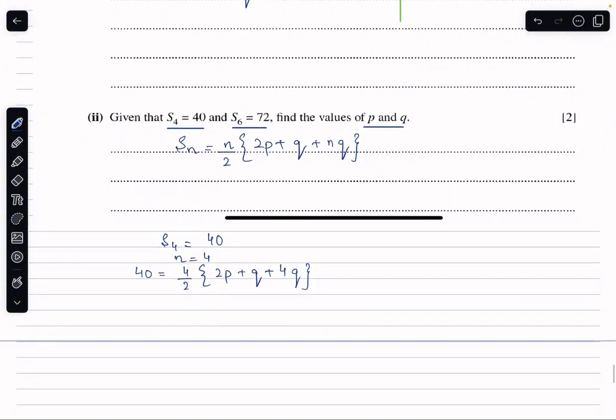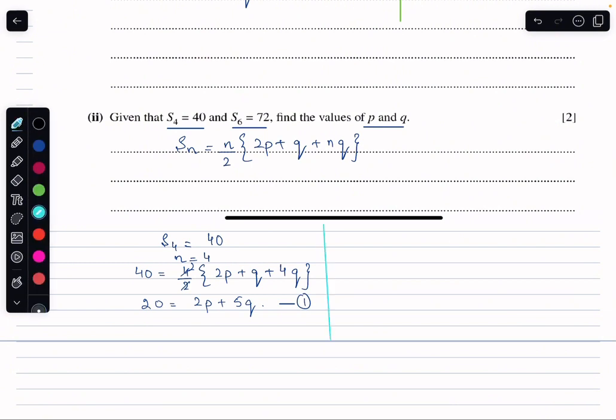Or I can say that this shall be equal to 40 divided by 2, which will give me 20, which equals 2p plus 5q. So I have here 20 equals 2p plus 5q, and this is going to be my equation 1.